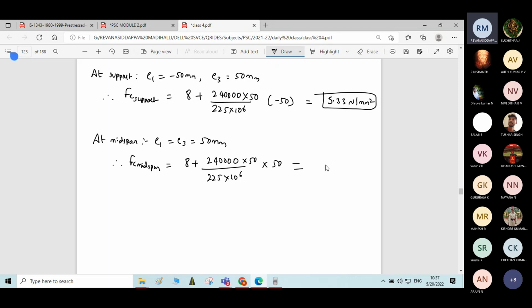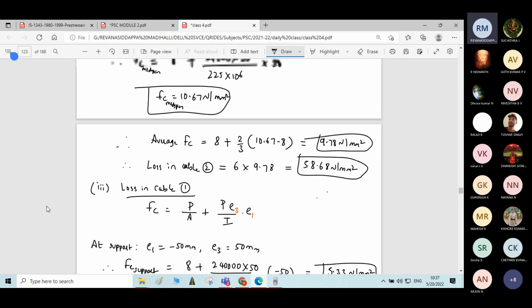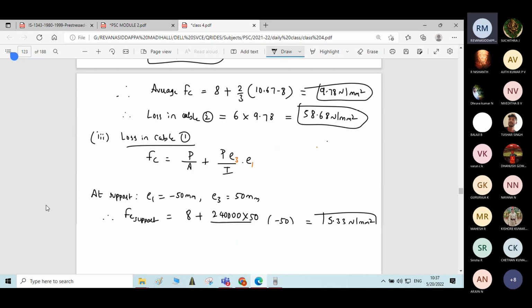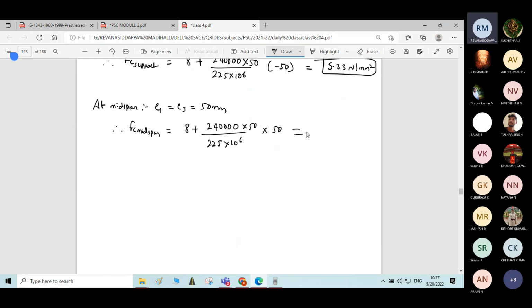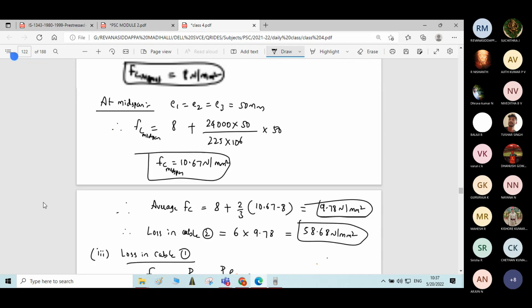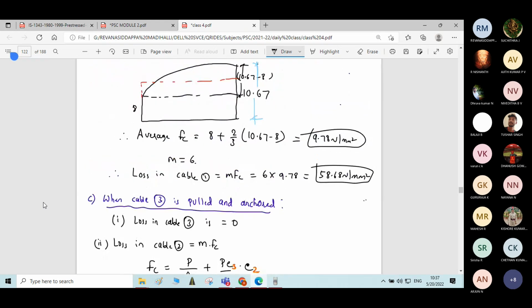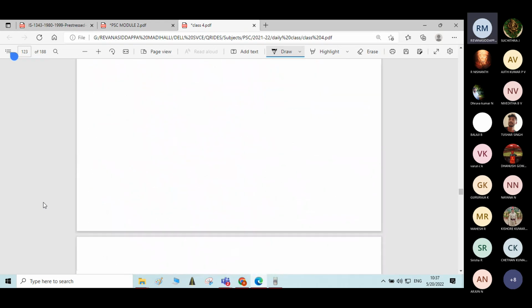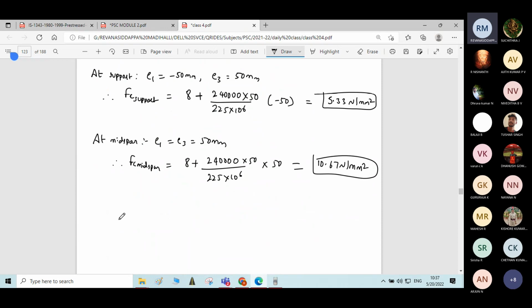So the answer is, if you calculate this, 10.67 Newton per mm square at midspan.